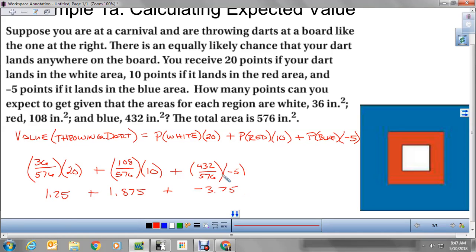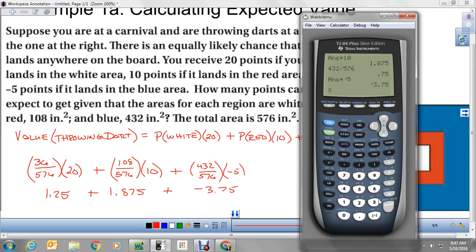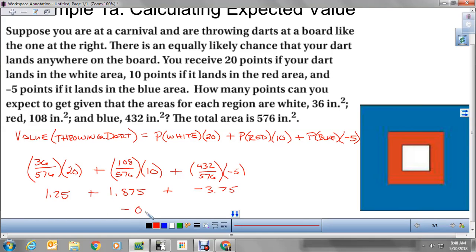So our expected value, if we add all these up: negative 3.75 plus 1.875, plus 1.25, gives us negative 0.625.